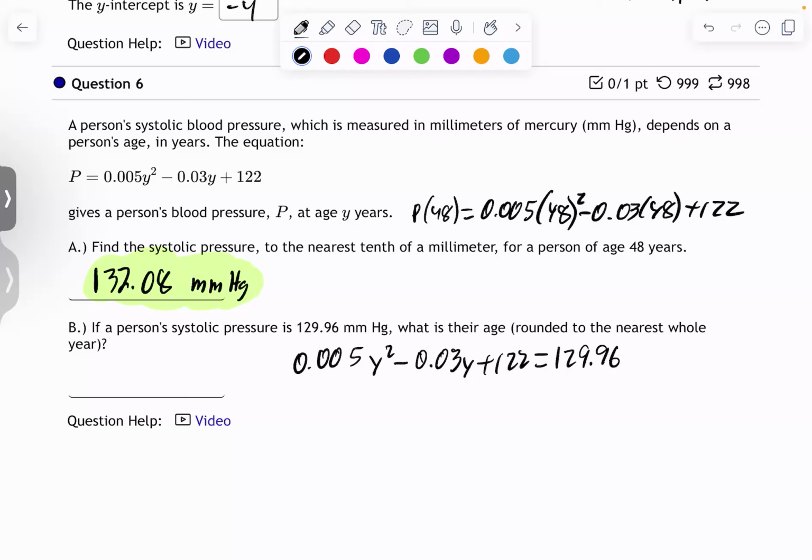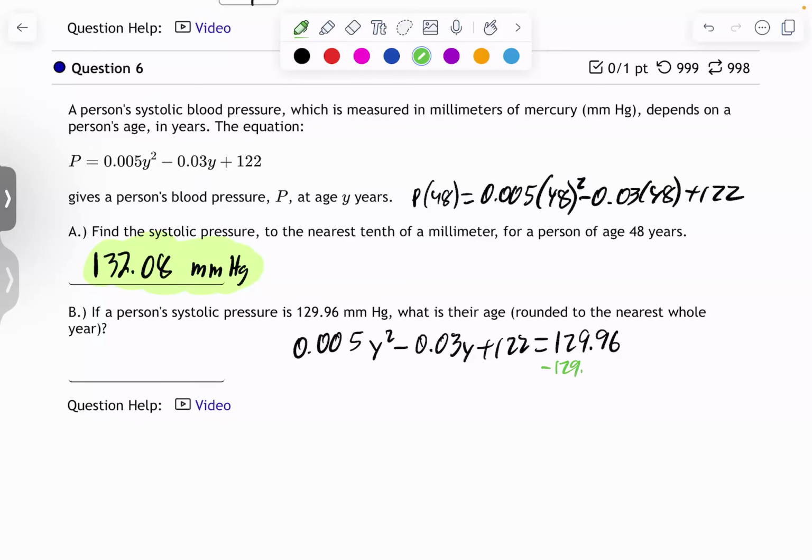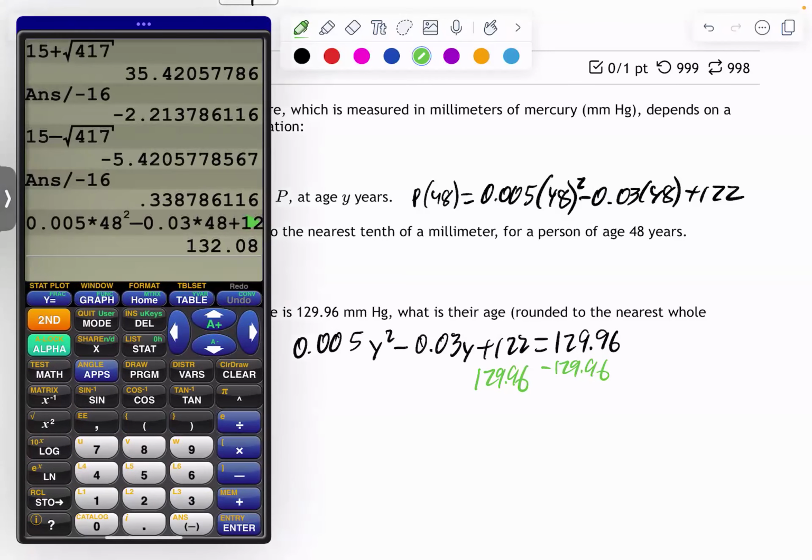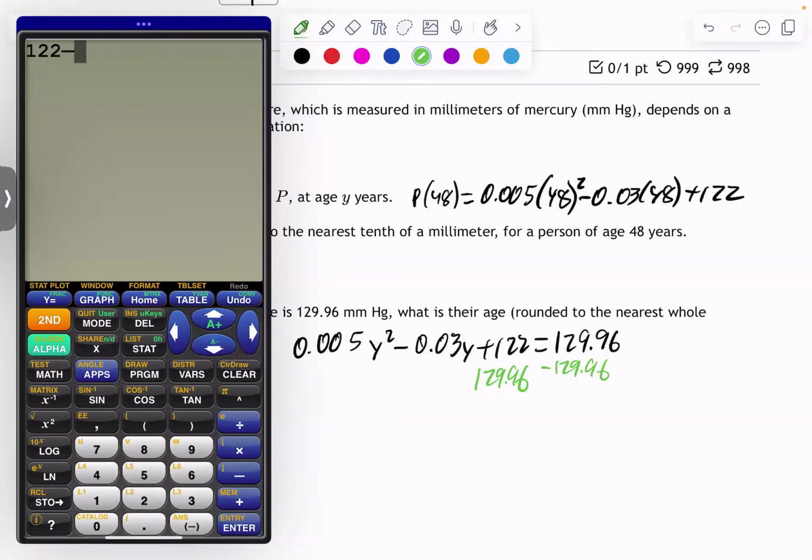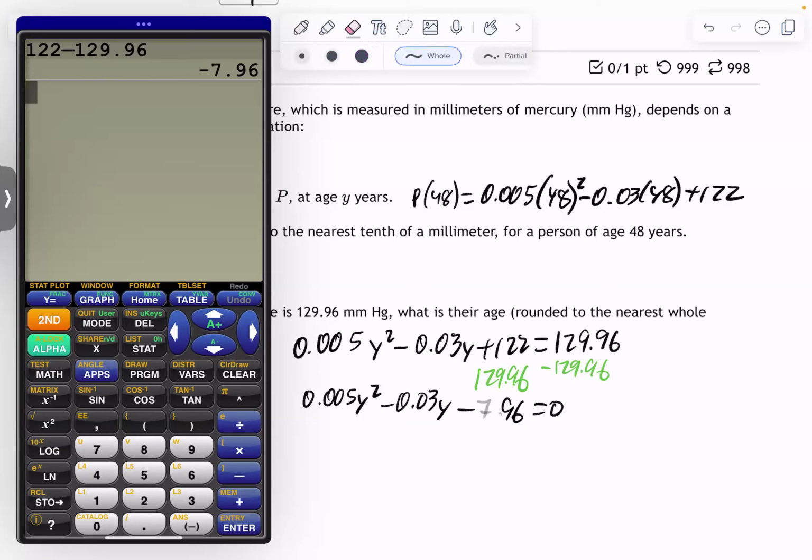Okay, so what I'm going to do first is I have to get the whole thing equal to 0. So I'm going to actually subtract the 129.96. So I'm getting, and I'm now going to use the quadratic formula.